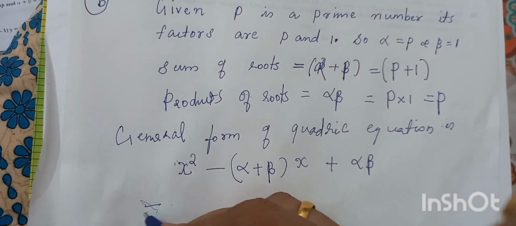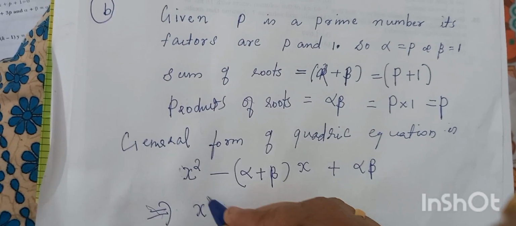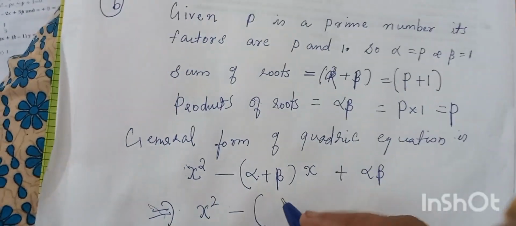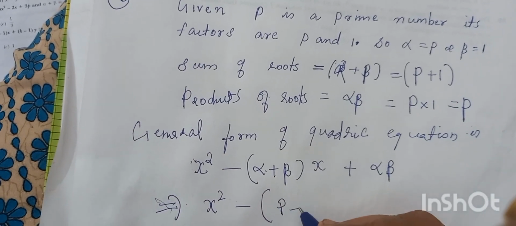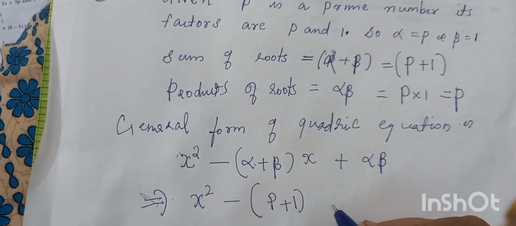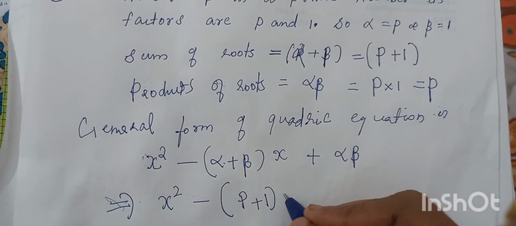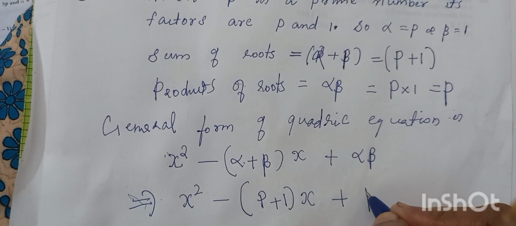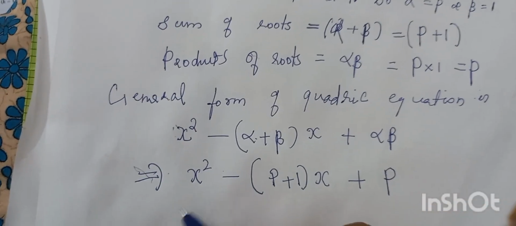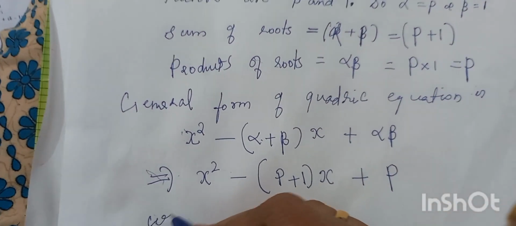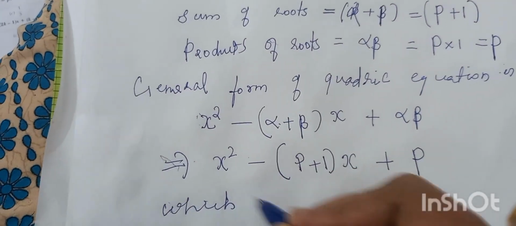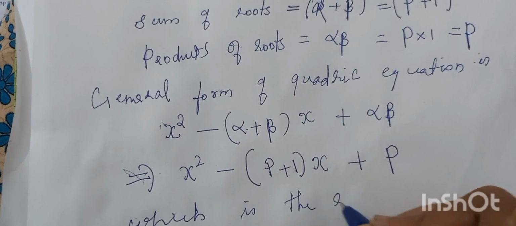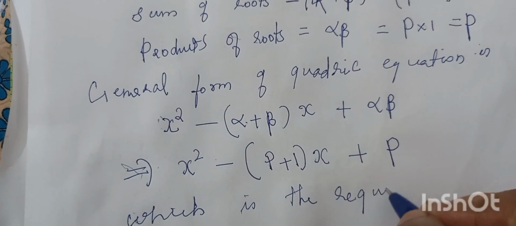So we can write, x square minus, what is alpha plus beta over here? p plus 1, into x plus, what is alpha beta? It is p. So this is the required equation.